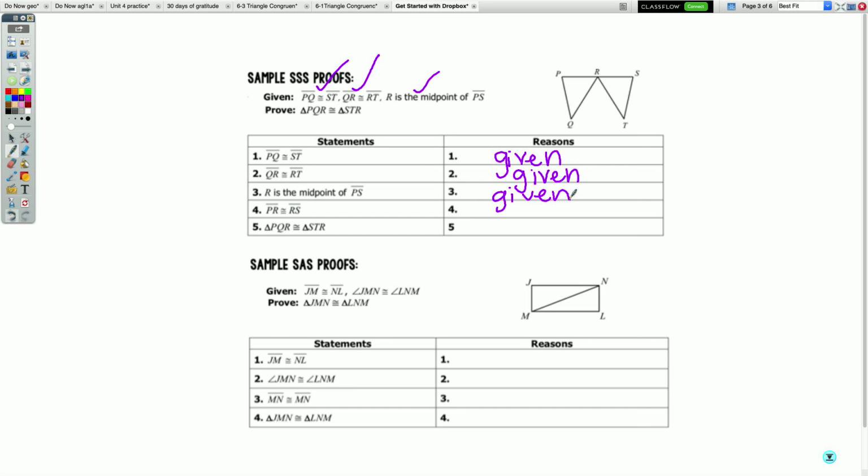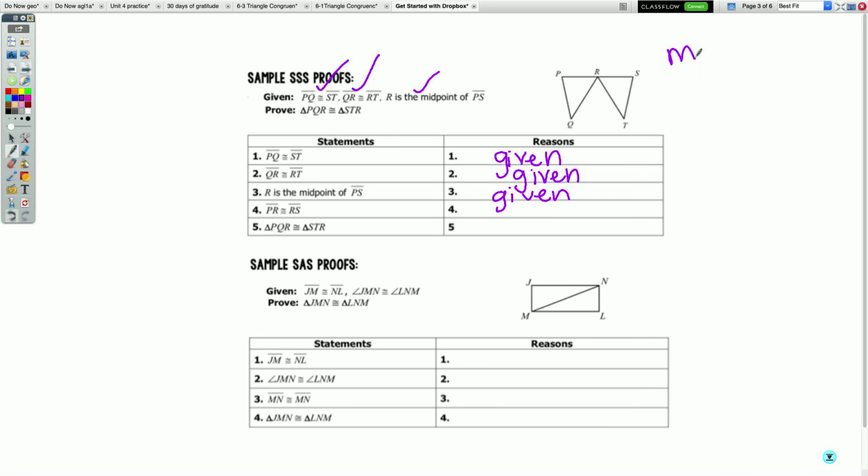You just said 4. I did not say 4. Someone said 4. 1, 2, and 3 are givens. You're just matching what we have there. So what is the most important part about these specific types of proof is that you mark your pictures, and I would like you to write that down.